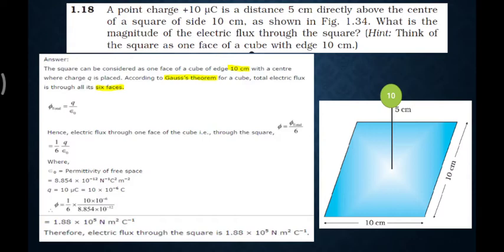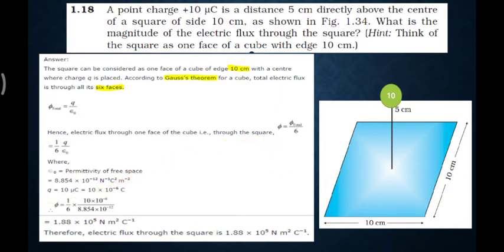So this much is your flux, and that flux is here. Now this flux is simply equal to q upon epsilon 0. What we have to find is the magnitude of electric flux which passes through one of these faces. Phi is 6 times less than the total one.